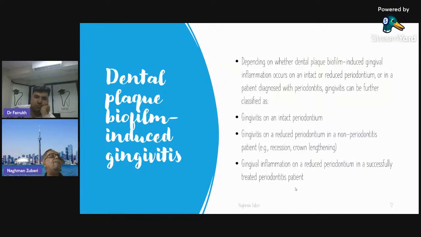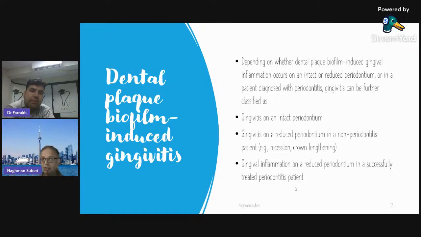Now we have two conditions we have discussed. Gingival health could be in intact periodontium or it could be gingival health in reduced periodontium. Similarly, gingivitis could be in intact periodontium or it could be gingivitis in reduced periodontium.